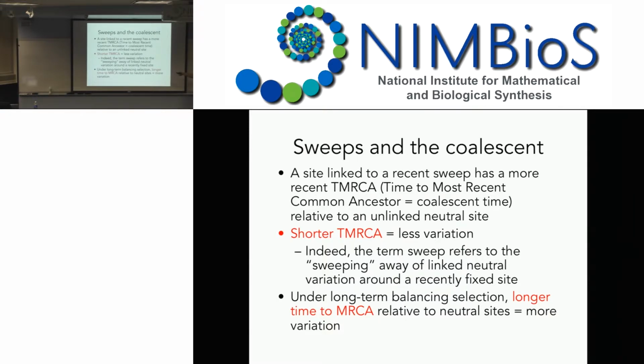So yeah, shorter time to most recent common ancestor, less variation. So think about it. If everybody here has a common ancestor 1 million years ago, I take that pattern, I throw mutations down on it, I have lots of variation. If everyone here has a common ancestor 2 generations ago, I have almost no variation because there's very little time for mutation to arise.